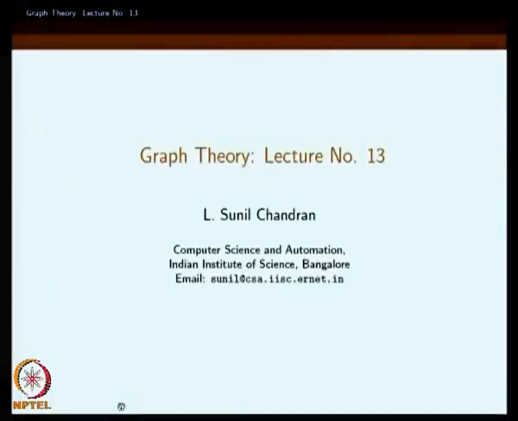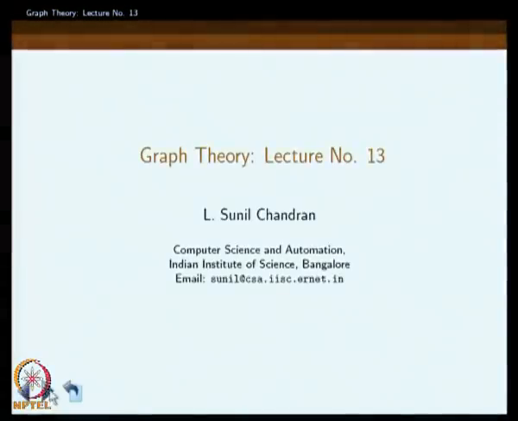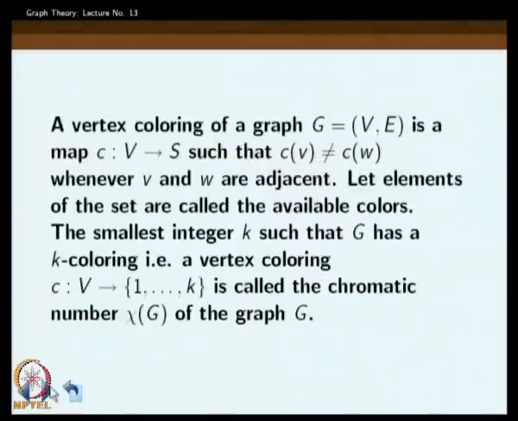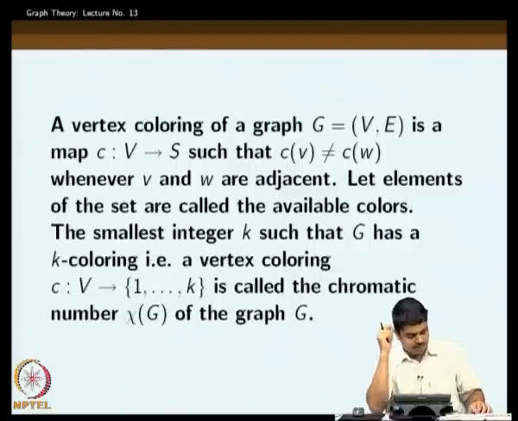So therefore, let's formally define the graph coloring problem. A vertex coloring of a graph G = (V, E) is a map, a function C from V into S, S being the available colors, such that C(v) is not equal to C(w) whenever v and w are adjacent.